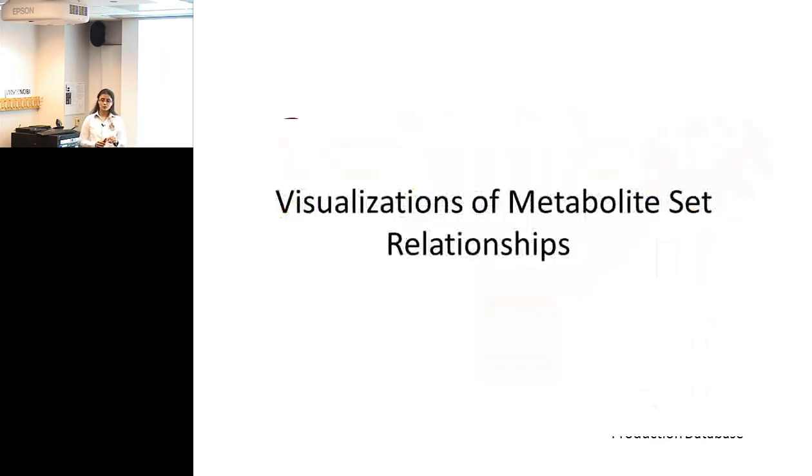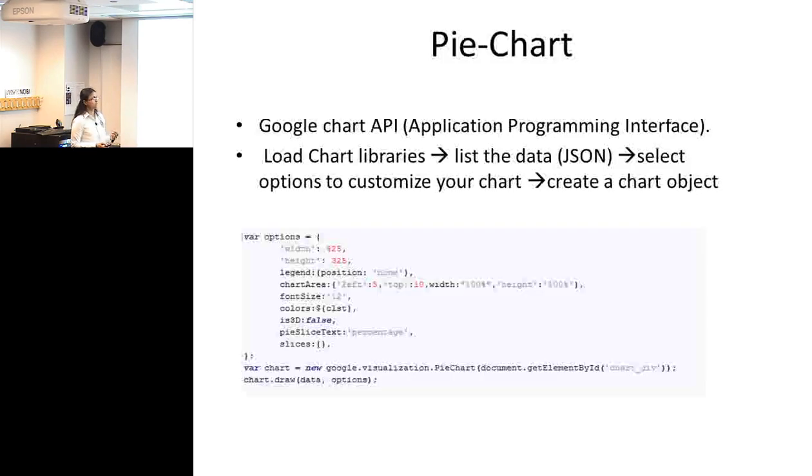Now, we are using different visualization patterns to display our data, like pie chart. So pie chart is basically a Google API, which is a simple JavaScript which you embed into your website, and you load your libraries and pass your data to that library. In our case, we are using a JSON object to pass our data. And then you can customize the results using, like this is the snapshot of the customization parameters.